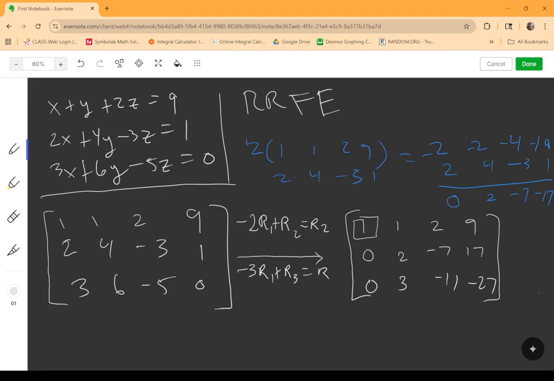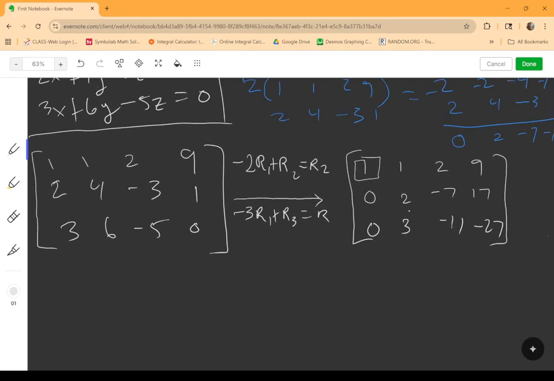The next row operation is I'm going to first get a 1 here, so I'm going to multiply 1/2 by R2. If I do that, my new augmented matrix is 1, 1, 2, 9, 0, 1, -7/2, -17/2, and then 0, 3, -11, -27.